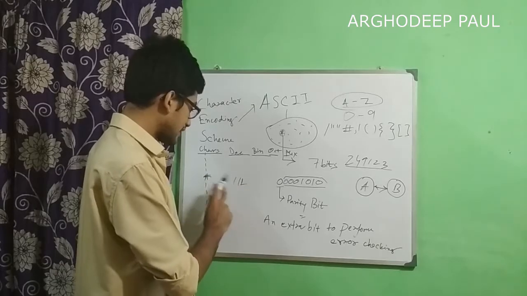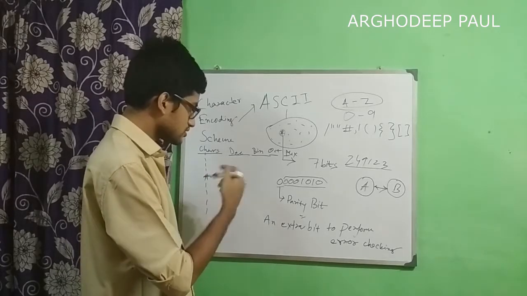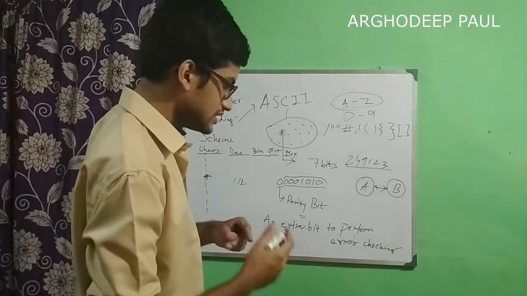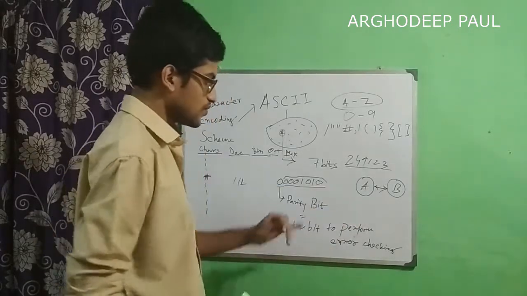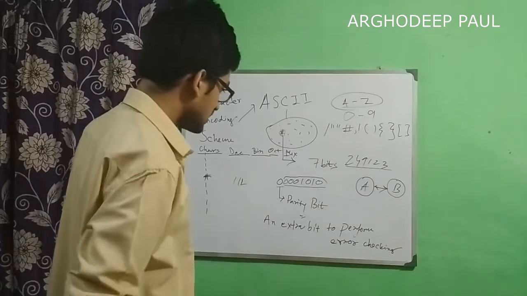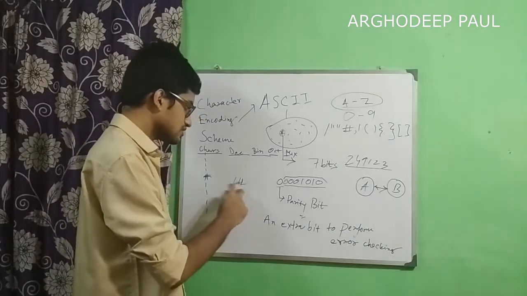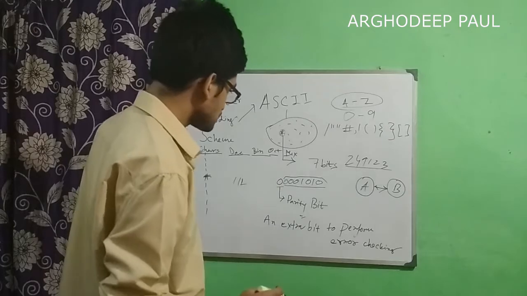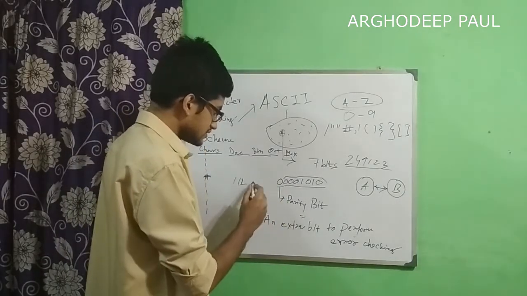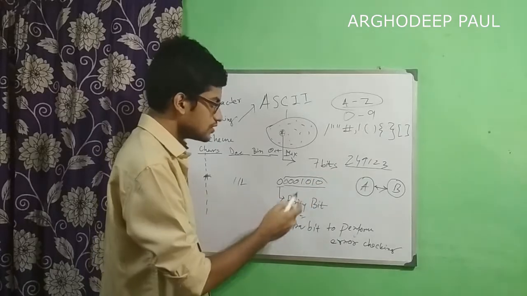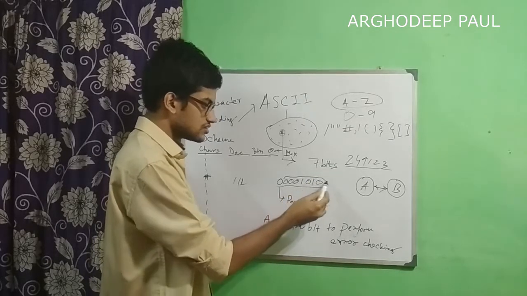Now if I convert the 112 or 111 or any decimal value for a character, when I am actually trying to send that over a network or some kind of communication channel, I will first have to encode or convert this to binary. So let's say the binary value is 0001010.